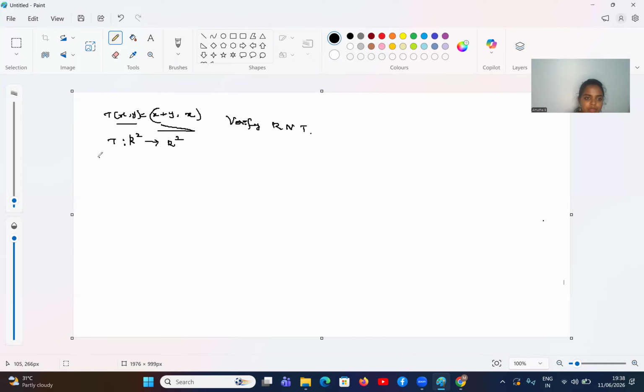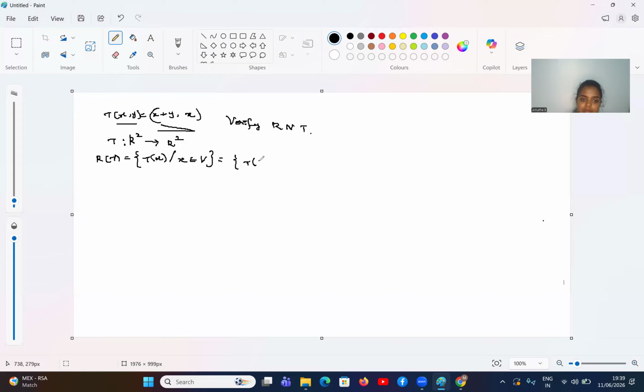Now, I am going to find the set R of T. Already we have the definition: T of x such that x belongs to V. For this definition, what do we have to write? The set is T of X, X belongs to V, right?